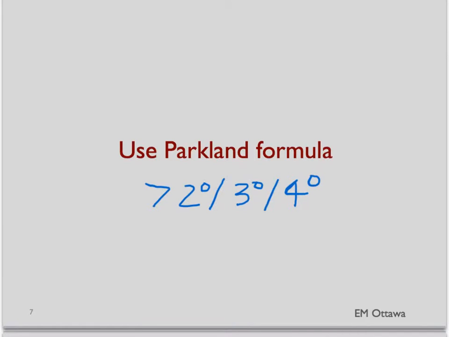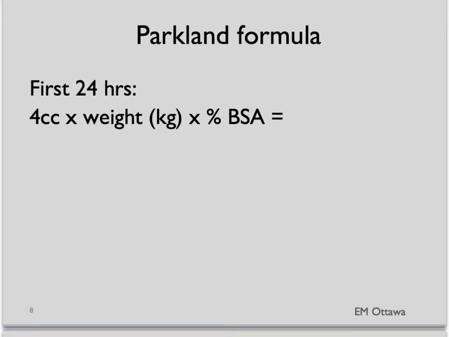The formula goes as follows. In the first 24 hours from a burn, a patient needs a total of 4 cc per kilogram times their weight in kilogram times percentage of the total body surface area that's burnt.